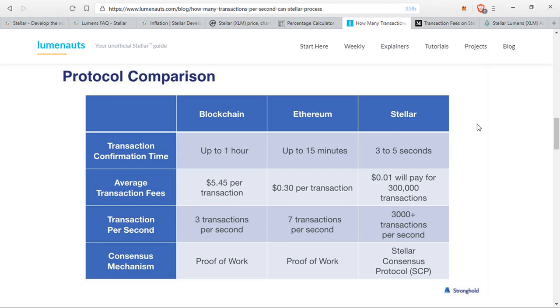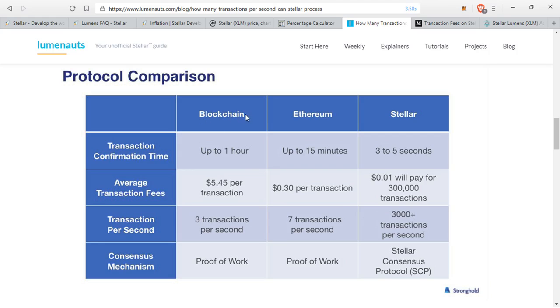Typical transaction confirmation time for Stellar ranges anywhere from 3 to 5 seconds. This is significant because sometimes with Ethereum, it can take up to around 15 minutes. And other cryptocurrency projects, usually Bitcoin, have seen times in the past of around 45 minutes to even sometimes 5 to 6 to 7 days in order to confirm transactions. What's important here is the number of transactions per second.